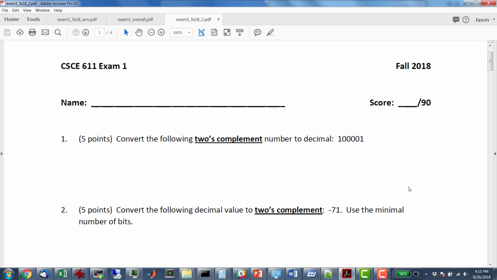And then 2 divided by 2 is 1 with a remainder of 0. So then you read from the bottom to the top. It's 1, 0, 0, 0, 1, 1, 1.